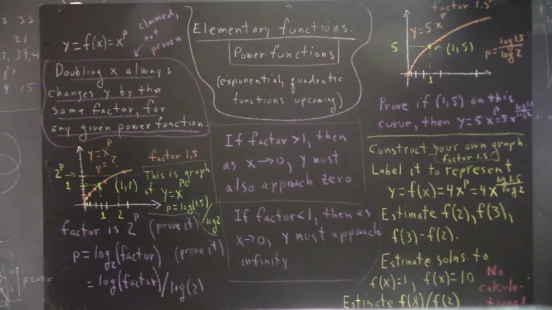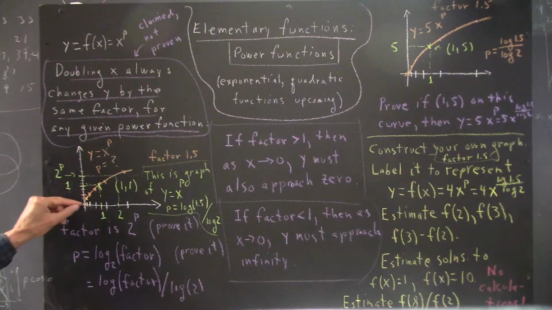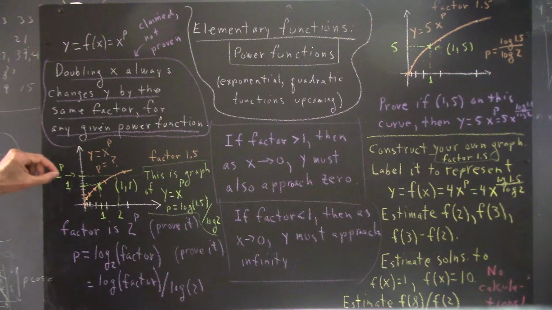We also ask what happens if we continue moving closer and closer to the origin. We don't have room to slide in those points because the chalk line is too thick. Okay?